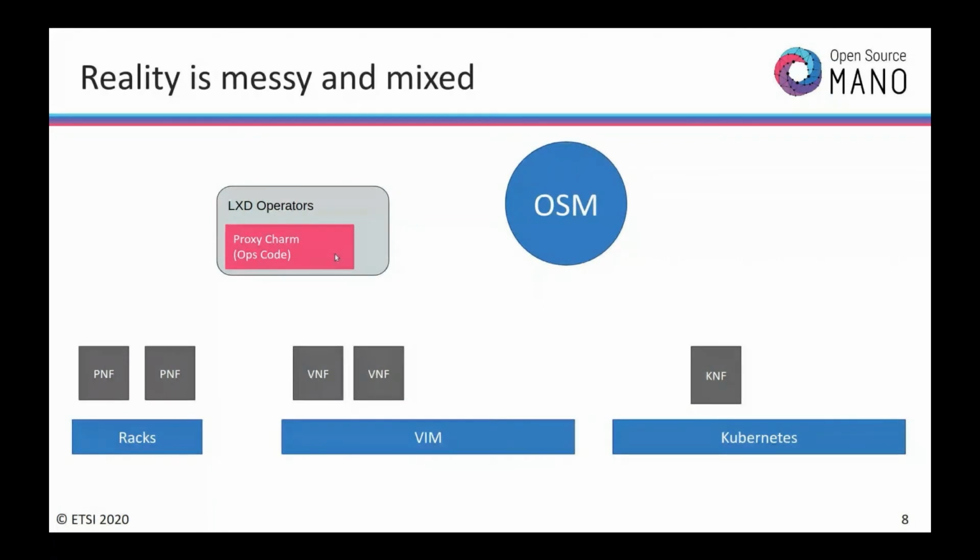We'll take a look at that in a little bit. We'll be diving into that a lot more. But for all of these things, we carve out a space inside of a container that OSM manages. The code lives in here, and it's capable of talking to the various functions. So rather than having to do anything on this old physical firewall that was in place, we're going to have a spot where we write our code that is managed via OSM, and it's able to manage the PNF for us.